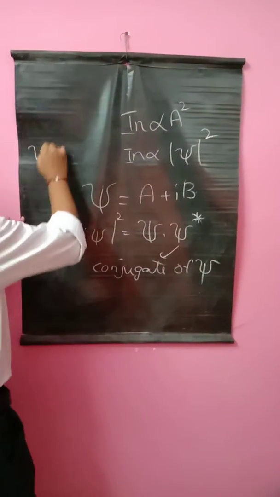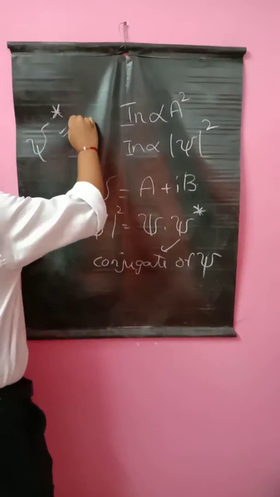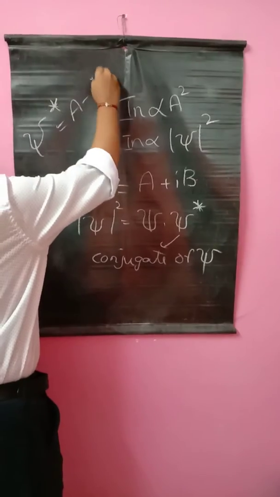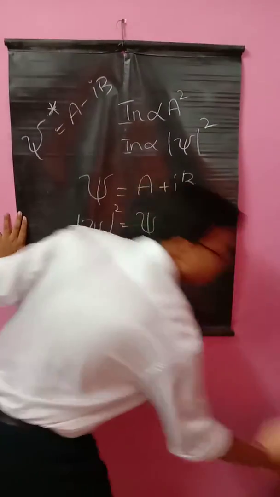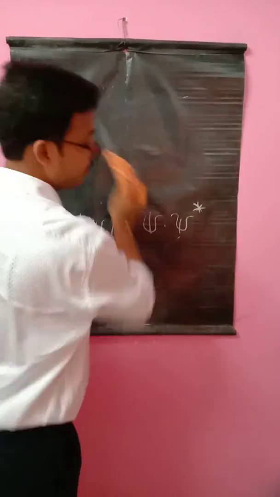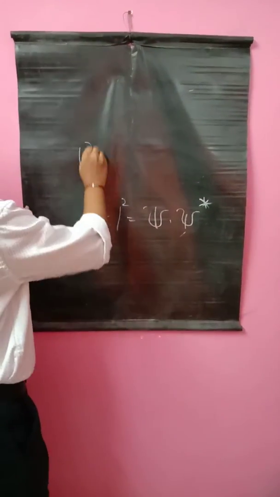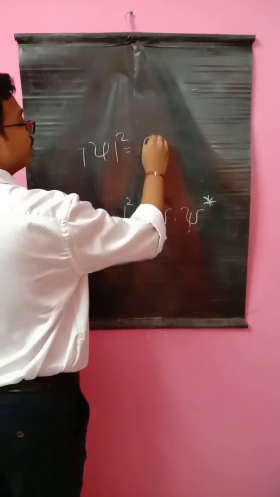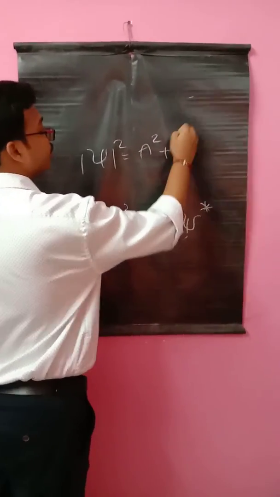That means psi star is equal to a minus ib. The product is a square plus b square. So psi square is equal to a square plus b square.